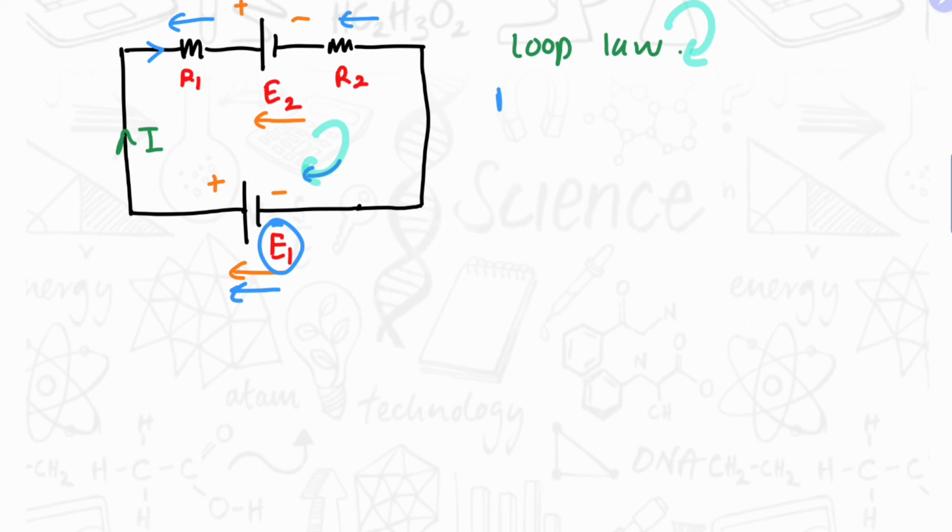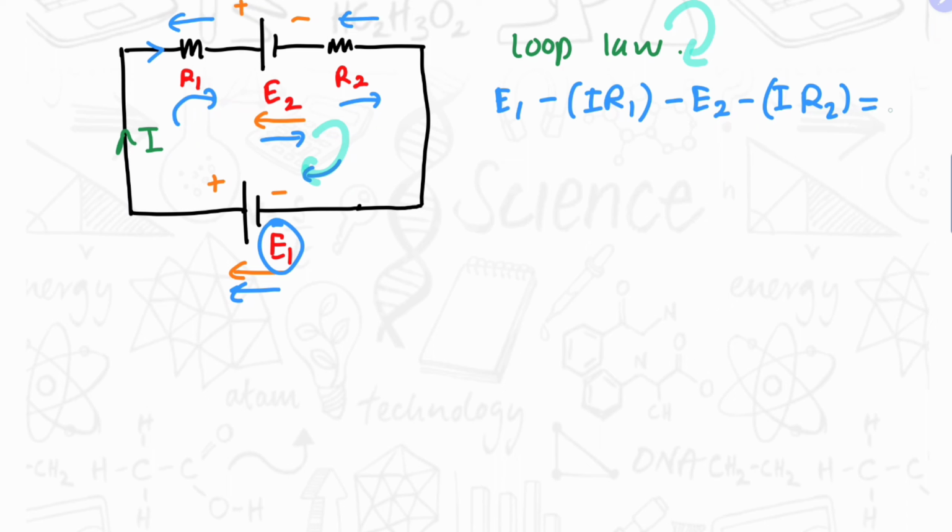So E1 is positive and R1 is in the opposite direction, so that will be minus IR1, and E2 is in the opposite direction, so it is minus E2, and R2 is in the opposite direction, so it is minus IR2, and the algebraic sum is equal to 0.